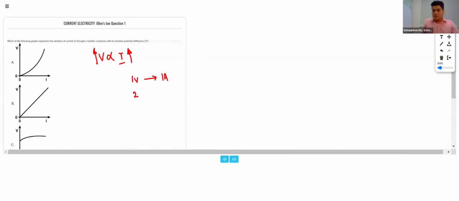At 2 volts, you will have 2 amperes. At 3 volts, you will have 3 amperes. If you are linearly increasing the voltage, your current will linearly increase. That's why the correct answer is option B.